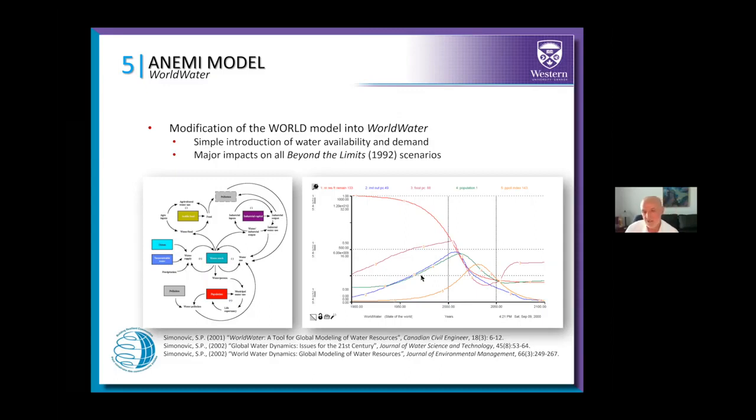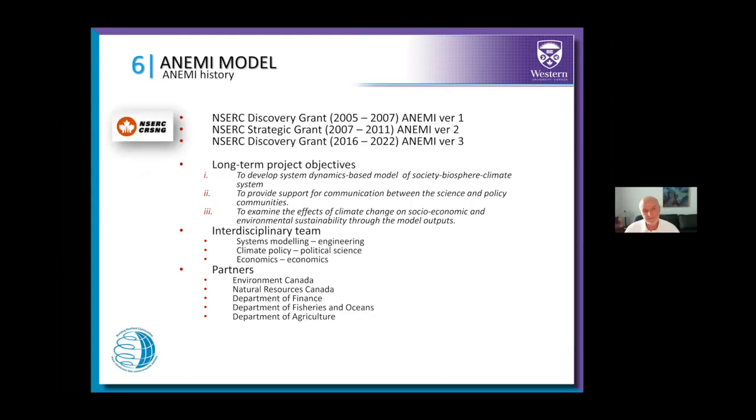These are the traditional simulations of the scenarios published in the book and the follow-up book, Beyond the Limits. 12 different scenarios, and almost each of them was dramatically affected by water, pointing out that especially water quality is one of the really significant issues on the global scale.